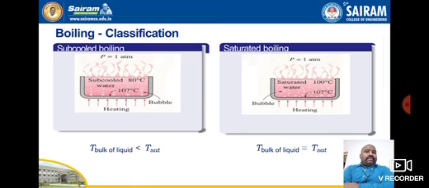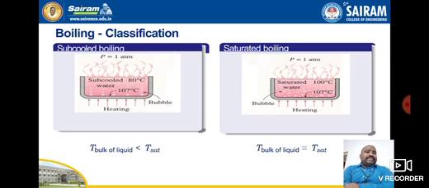Boiling can again be classified as subcooled boiling and saturated boiling. What happens in subcooled boiling at 1 atmospheric pressure? Water is at 80 degrees centigrade. Once we start the heating, boiling takes place above 100 degrees centigrade. Once it crosses the boiling temperature at 1 atmospheric pressure, the bubbles start to form.